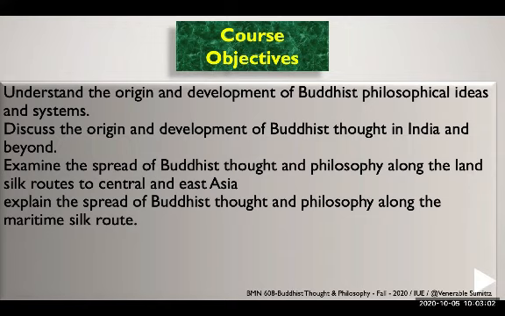You should be able to discuss and understand the origin and development of Buddhist thought in India and beyond, examine the spread of Buddhist thought and philosophy along the land Silk routes through Central and East Asia, and explain the spread of Buddhist thought and philosophy along the maritime Silk Road at the end of this course, BMN 608, Buddhist Thought and Philosophy, during the fall semester 2020.